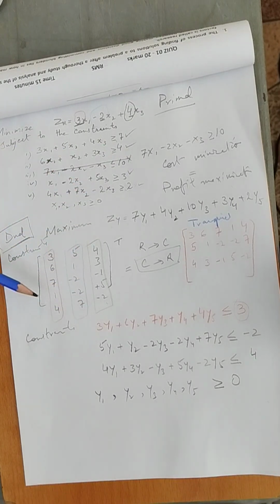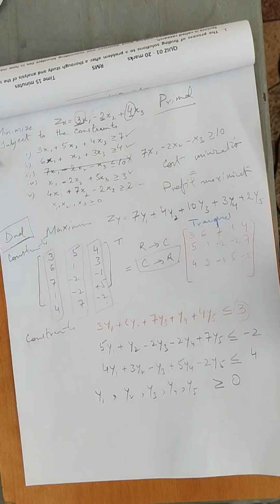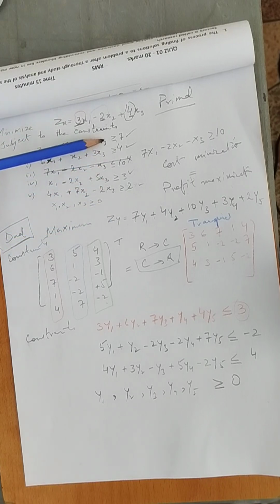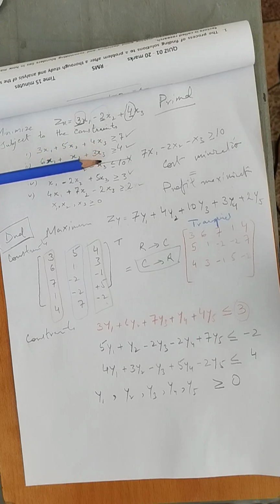And before that, remember to ensure that all the constraints of the primal are in the canonical form, and the canonical form says that in the cost minimization function, all the inequalities must be greater than or equal to. So these all were greater than or equal to, except the third constraint.